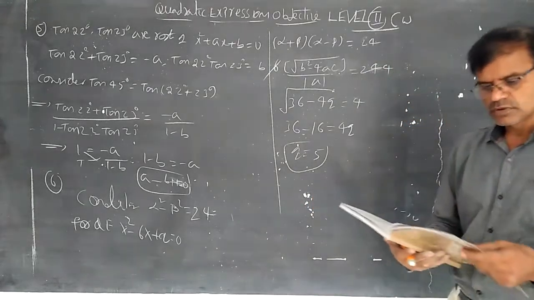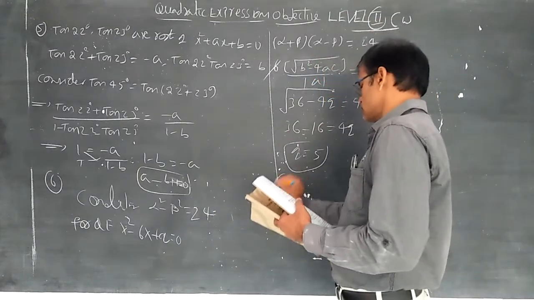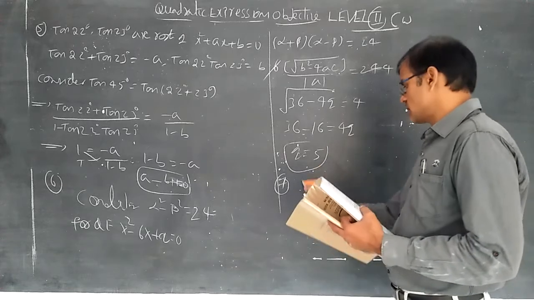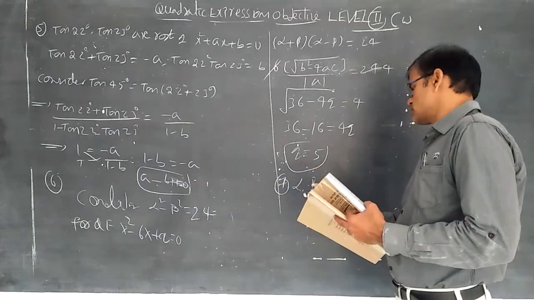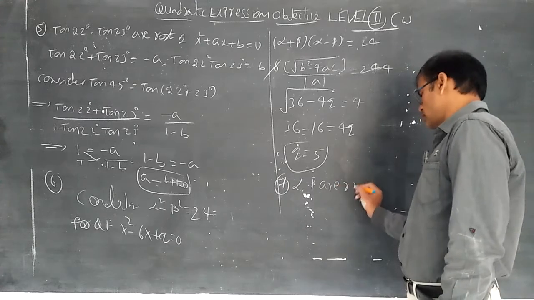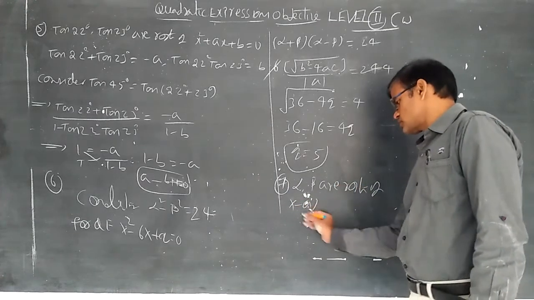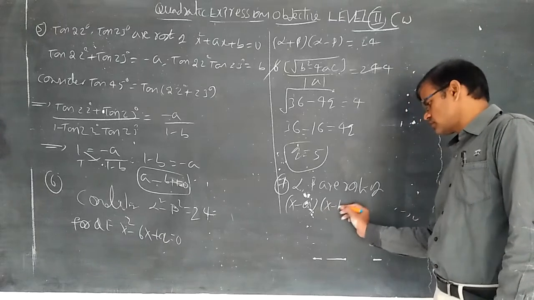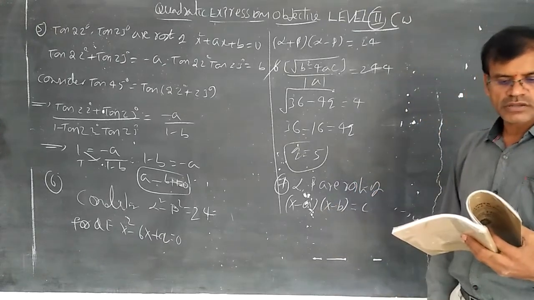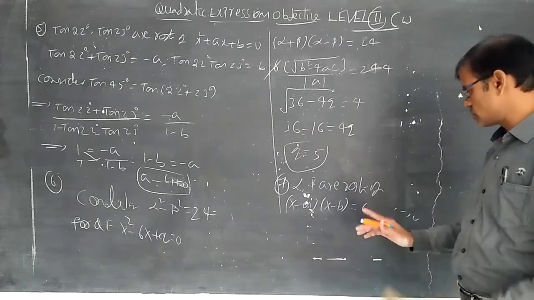Sixth question done. Now let us discuss the seventh question. Alpha, beta are the roots of the equation x minus a into x minus b equal to c. Then find the roots of the equation x minus alpha into x minus beta plus c equal to 0.